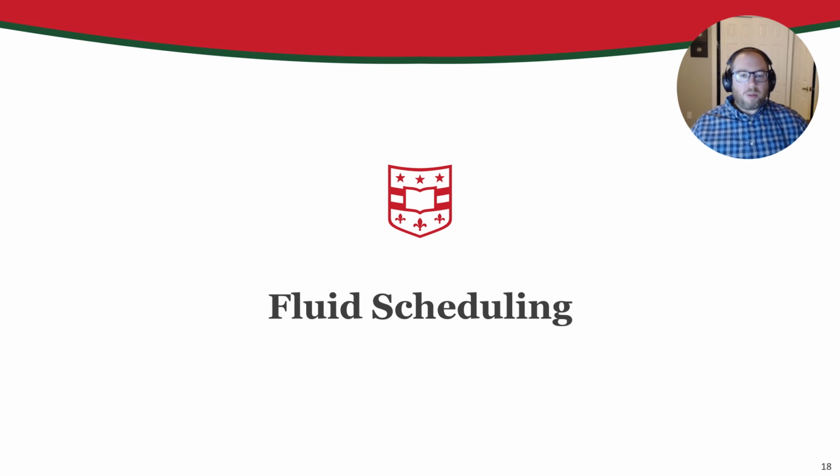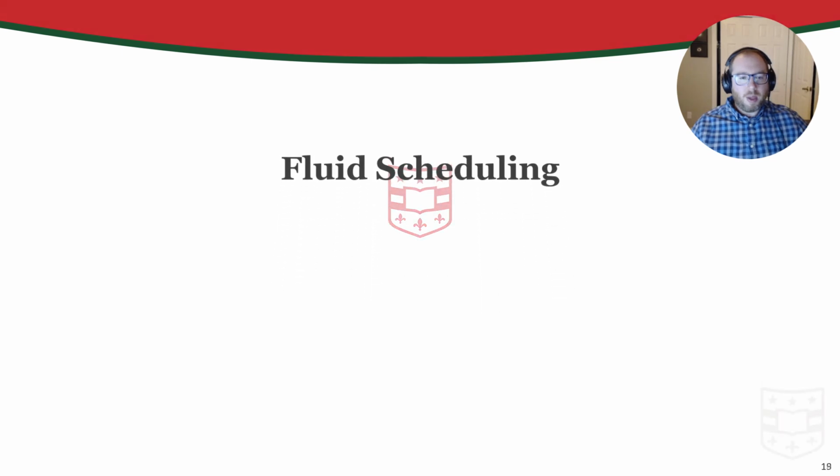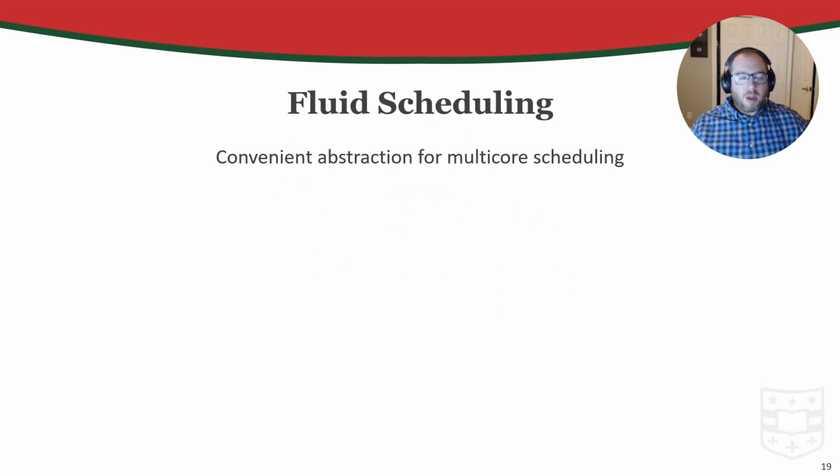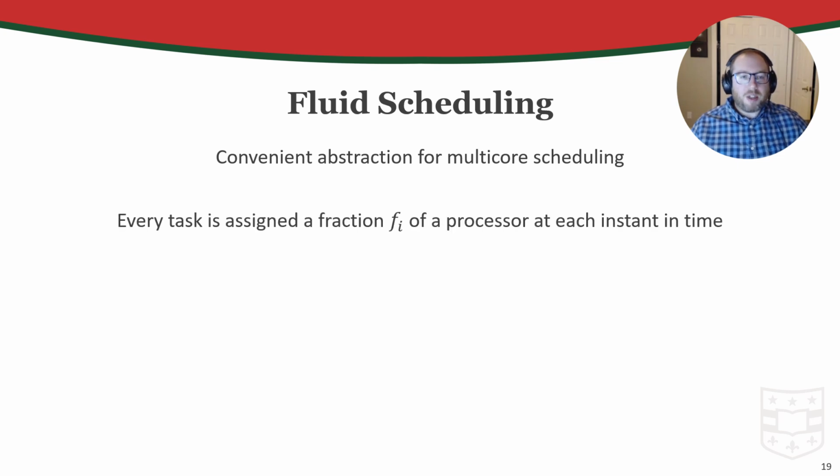So next, we applied the same approach to fluid scheduling. Fluid scheduling is a convenient abstraction for multi-core scheduling with a utilization bound equal to the number of processors. Every task is assigned a fraction of a processor corresponding to its utilization at each instant in time, so tasks make proportional progress at each time instant.